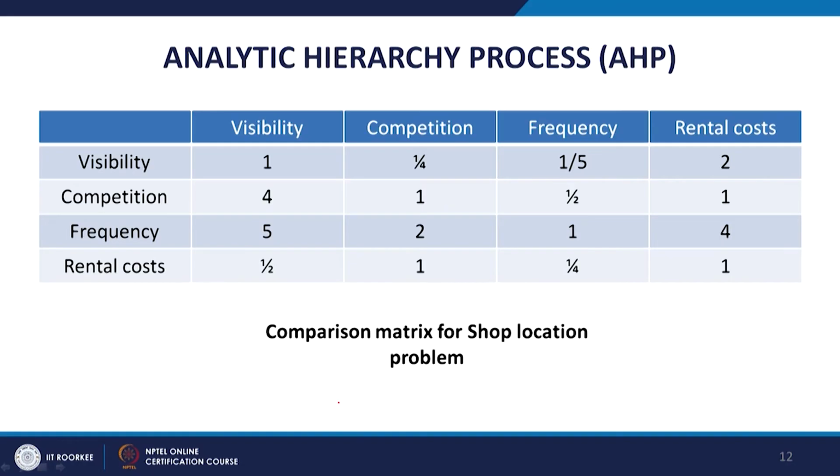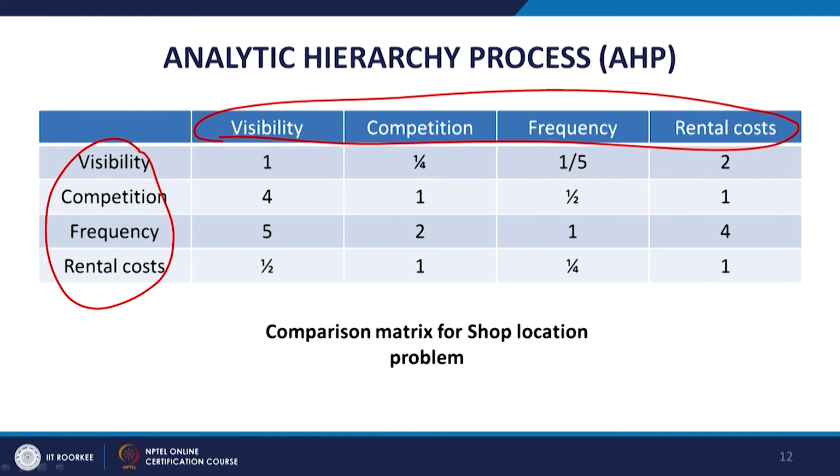One example you can see here in the slide. This is a comparison matrix for the soft location problem that we are discussing. We have 4 criteria here, as you can see. So, we have 4 rows corresponding to each criterion, and 4 columns corresponding again to each criterion. Now, visibility compared to visibility is going to be 1. So, the diagonal elements, as you can see, are all 1.